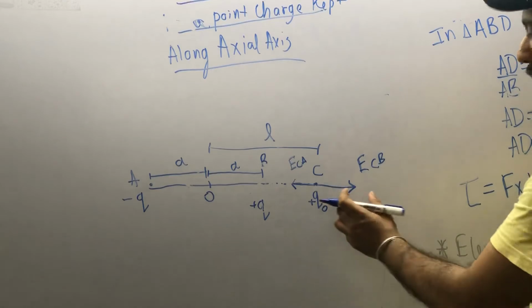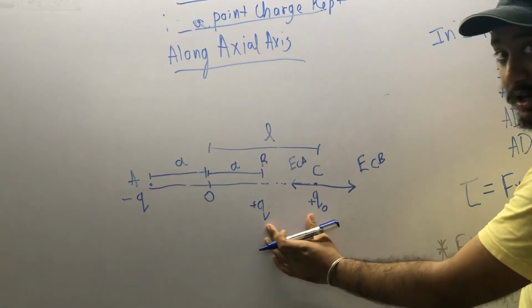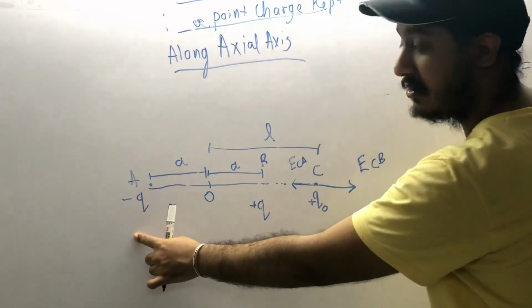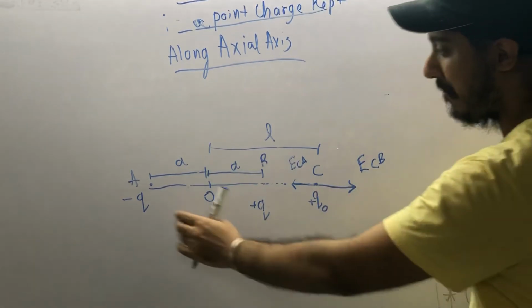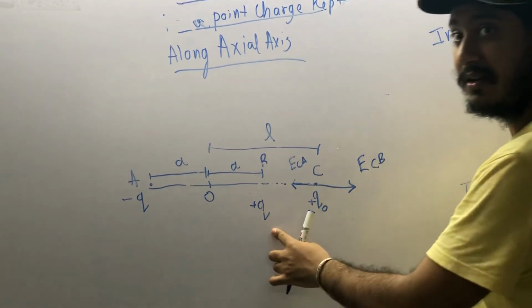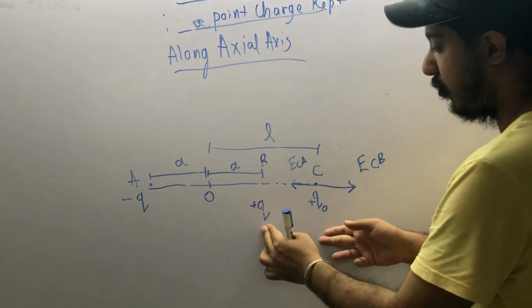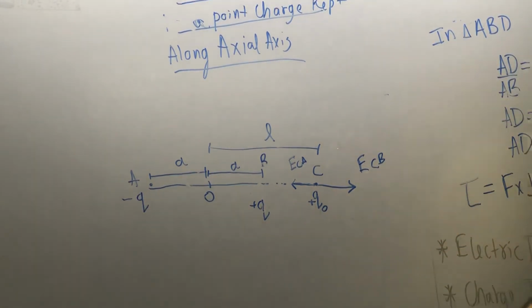So the repulsive force due to this charge will be more because it is at a smaller distance. And the attractive force due to this minus q charge will be a little bit less than this one, because this is kept at a distance that is more than this distance, right?